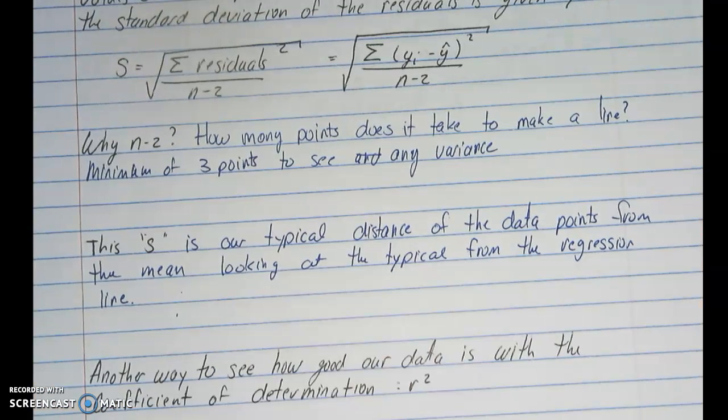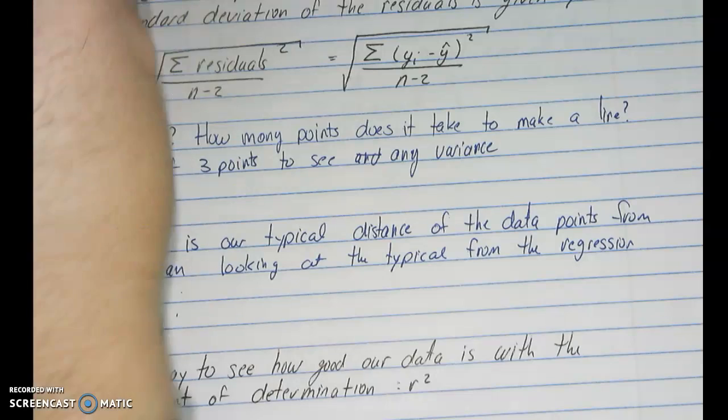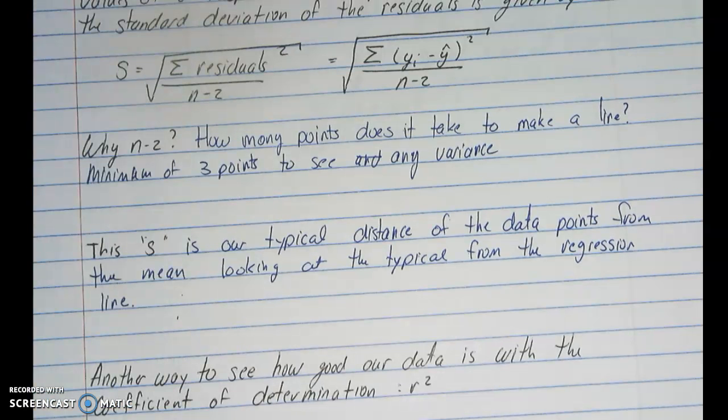Okay, so we're looking at what that typical distance is going to be for all our residuals. Okay, so that's all the S does. So it's very similar to the standard deviation that we've done, which tells us how far away from the mean we are. So the standard deviation of our residuals is going to tell us our typical distance from our regression line. Okay, so you can kind of look at it as our plus minus type of a thing.